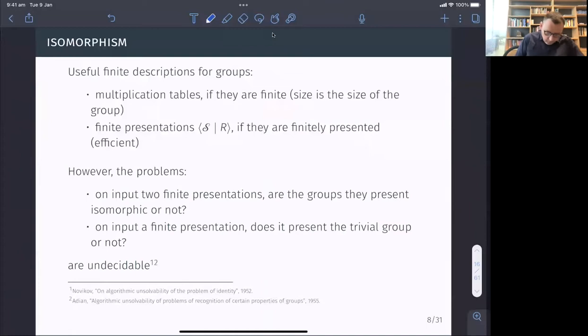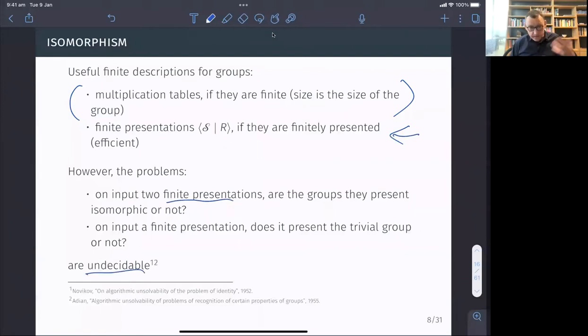So we're not going to be looking at finite groups mainly. The option that we're thinking of is to have finite presentations. However, it's a quite famous result that, given two finite presentations as input, deciding whether or not they're isomorphic is an undecidable problem.